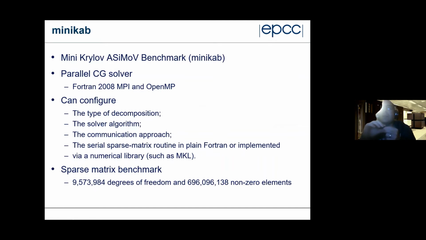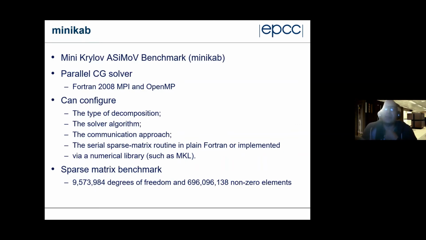Following on in a similar vein, we have a mini app benchmark called minikab at EPCC, which is another parallel CG solver, but one designed so we can play around with the algorithms used, the communication approach used and the decomposition used.